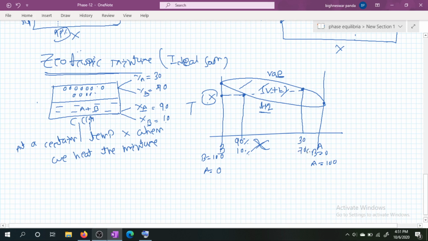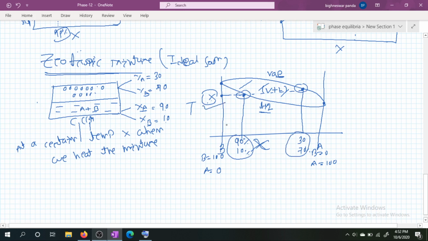So at a temperature when we heat the mixture, the liquid phase has composition 90-10, whereas the vapor phase has composition 30-70. So at the same temperature, the composition in liquid and vapor phase is different. That means at the same temperature T, the composition in liquid phase is different from that in vapor phase.